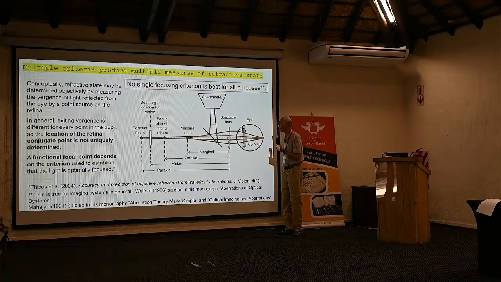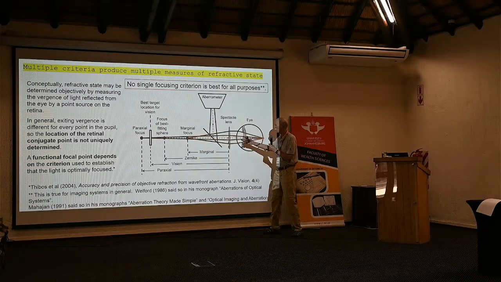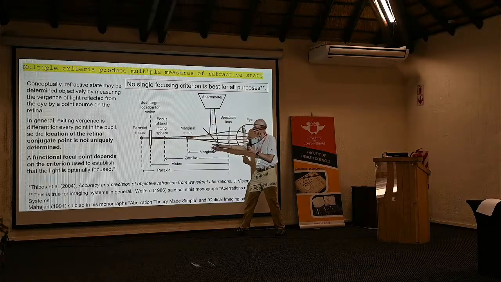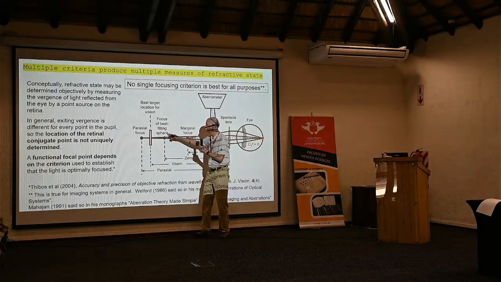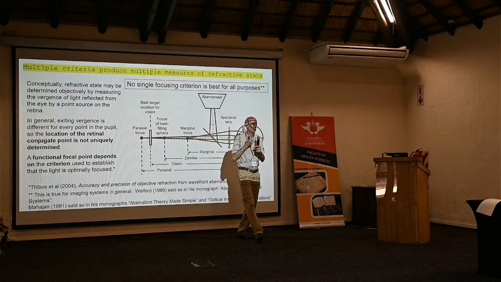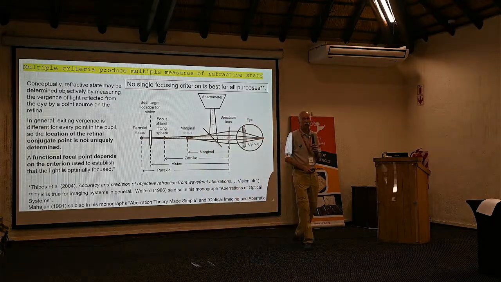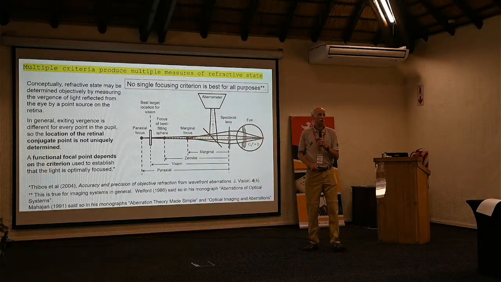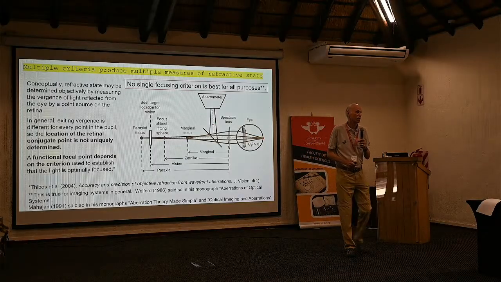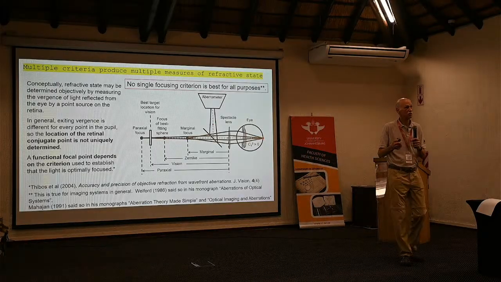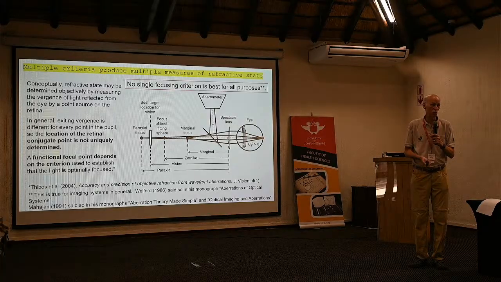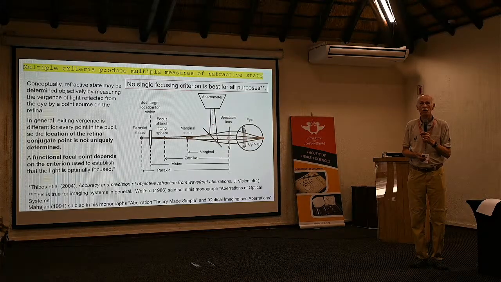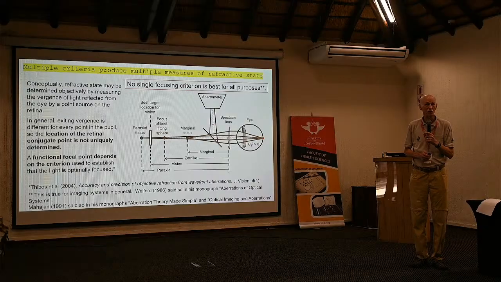They don't come to a common focus. So if you're interested, for example, in the marginal rays, the focus could be here. The paraxial rays could be down there. A best fitting sphere or the Zernike analysis could be someplace else. But where's the best location for vision? You can't really tell just from an optical analysis like this. You have to appeal to that gold standard of subjective refraction.